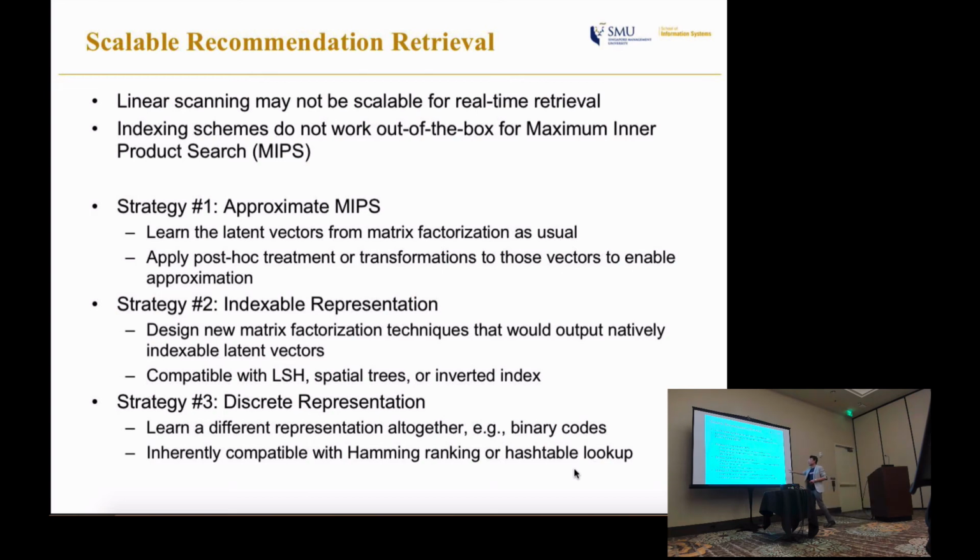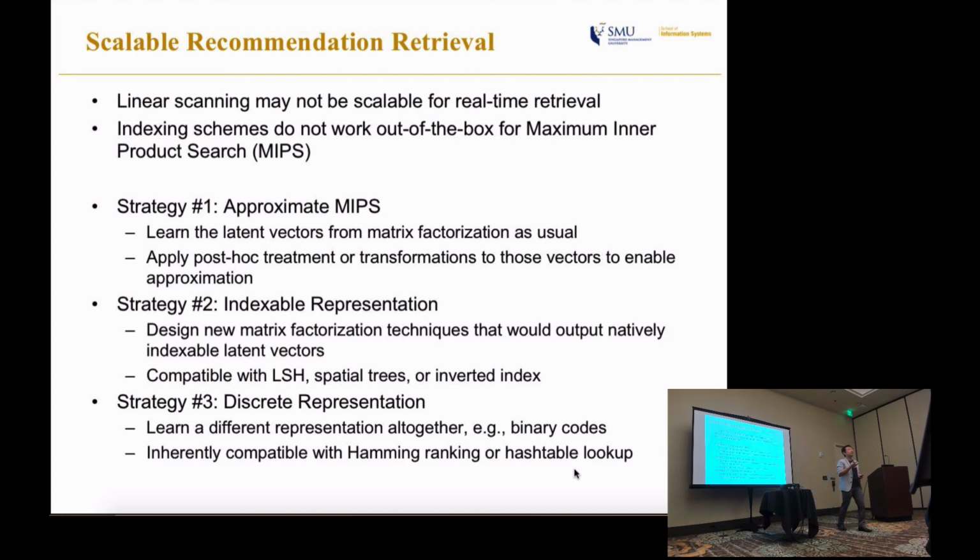Now, the second strategy is to say that instead of changing the search function, let's keep the search function the same by employing existing indexing schemes. But in that case, we have to change the recommendation algorithm so that it will output a latent representation that is immediately indexable. Now, the third one, in a way, is a special case of the indexable representation.